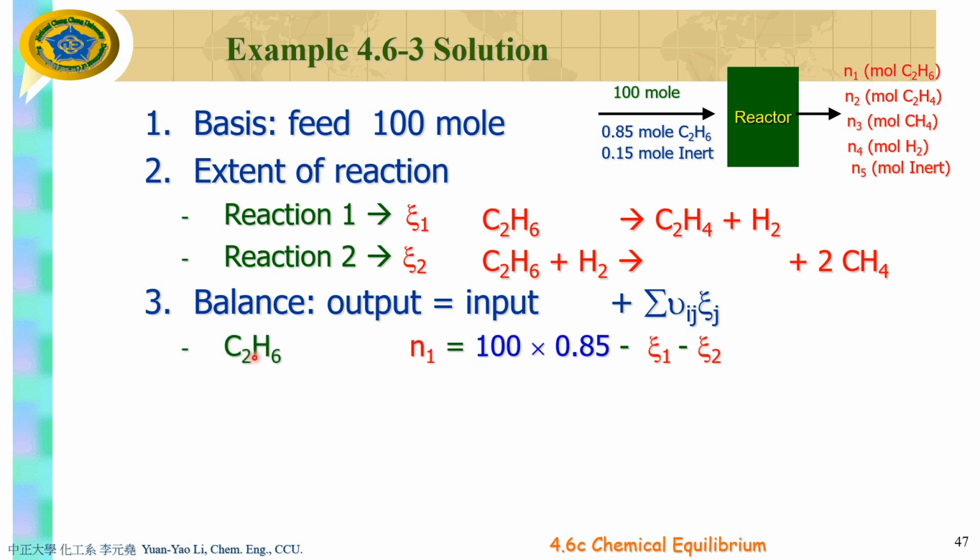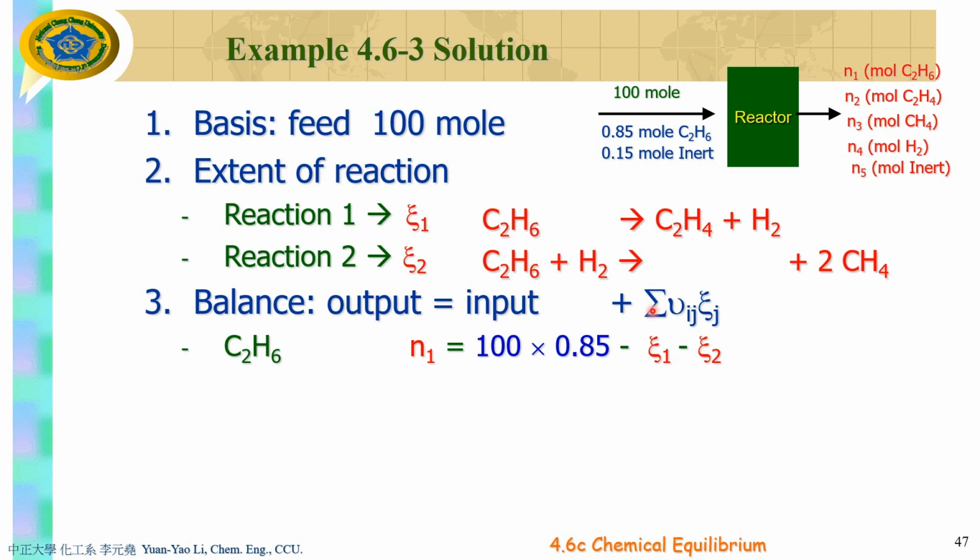So let's find out what you can get from this equation. For C2H6, this is N1. N1 output equals what? The input is 100 times 0.85, minus Xe1 and Xe2.